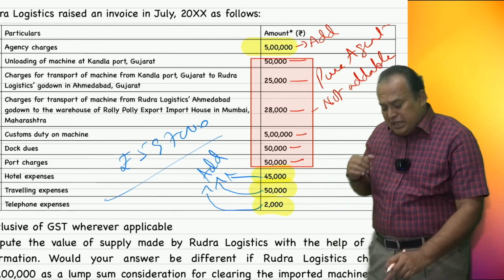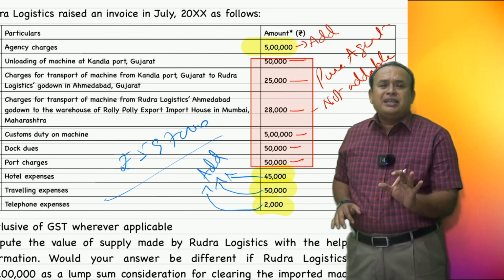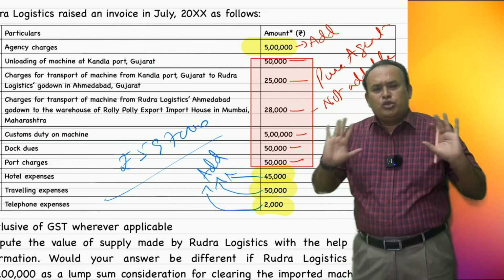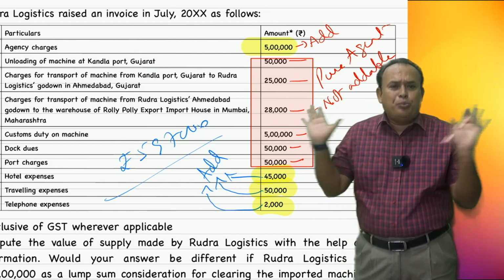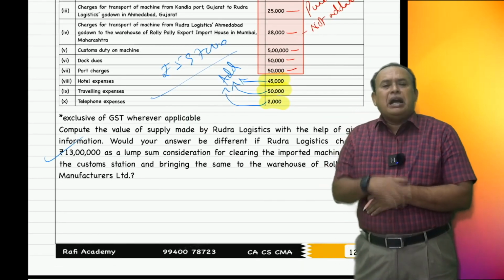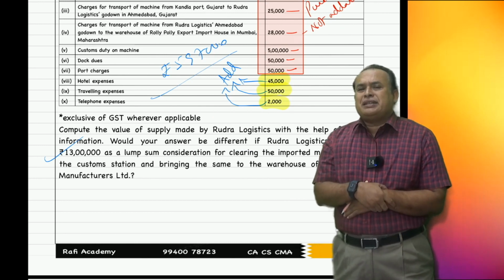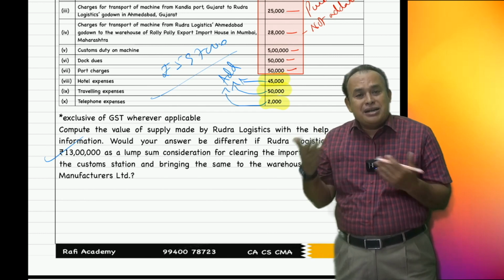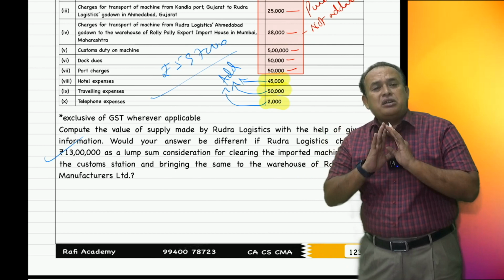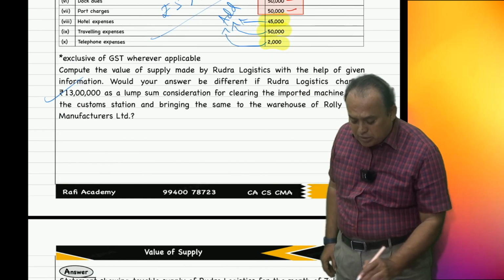Sir, instead of all this headache, Rudra Logistics says, hey, roly-poly, look here. I will take care of the entire thing. You don't worry at all. Pay a consolidated value of 13 lakhs, and I will provide the services. You don't bother about this expenditure. If the supplier and recipient agree like that, and the supplier charges 13 lakhs as a consolidated amount, then that itself is the value of taxable supply.